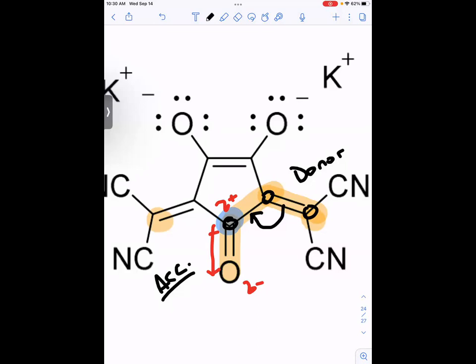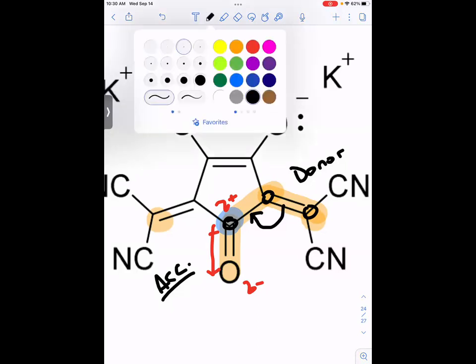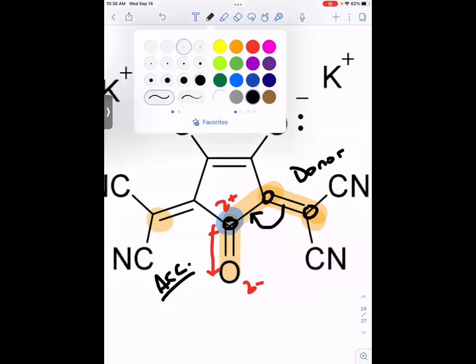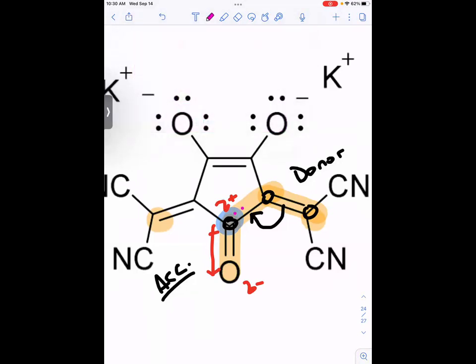It's got a carbonyl. So what do I need to do there? I need to do one other thing. But you're absolutely right. We're going to put a pi bond here on top. And then I need to take the pi bond here and do what? I've got to break it and give it to oxygen. Is that right?